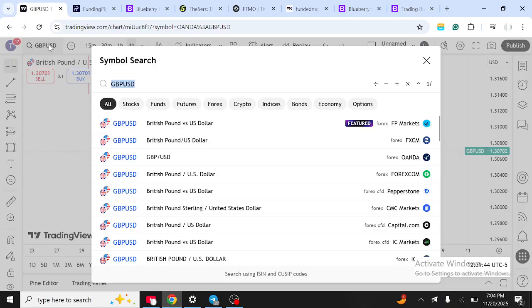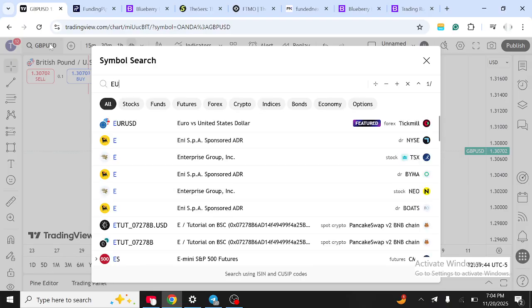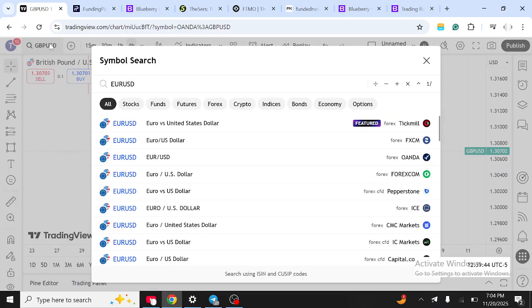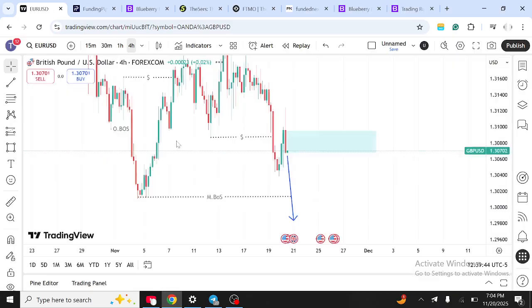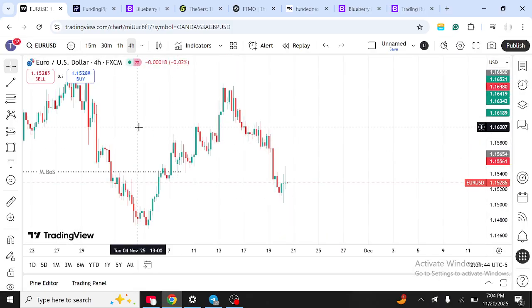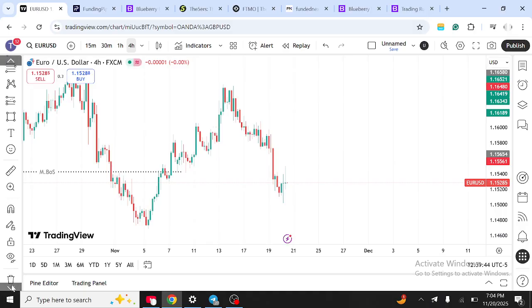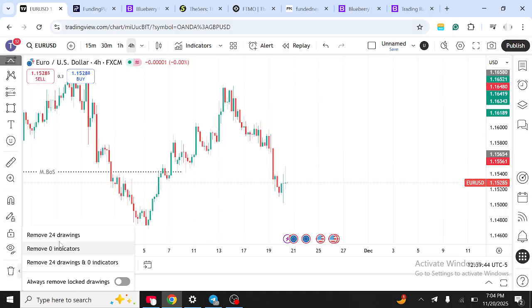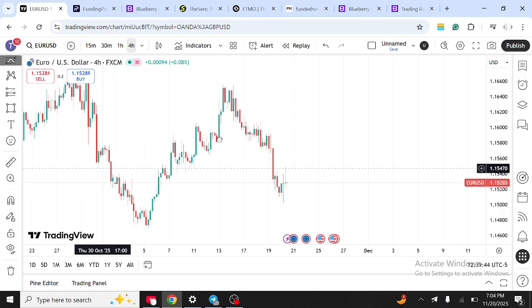or another example. Let's check Euro USD. All of this, I'm doing it on the 4 hours time frame.